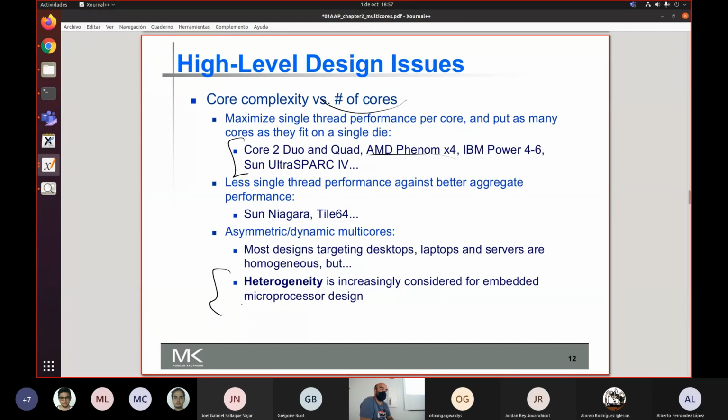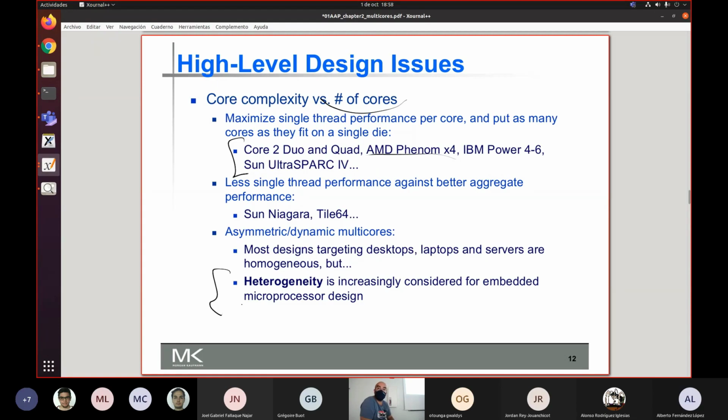So for instance, I'm going to have 2 of them which are complete cores, very fast with the full package of capabilities. And then I'm going to have an array of 8 or 10 or 12 which are dumber cores. They are not so good at doing general purpose things, but maybe at matrix multiplications, for instance, they are very fast. There was an attempt of this many years ago.